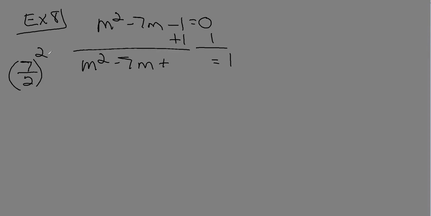It's really important to do it in the side column, your little scrap work area, however you want to call it. So now this, 7 divided by 2 squared, is going to equal 49 over 4. I added it to this side, and now I have to add it to this side as well: 49 over 4.